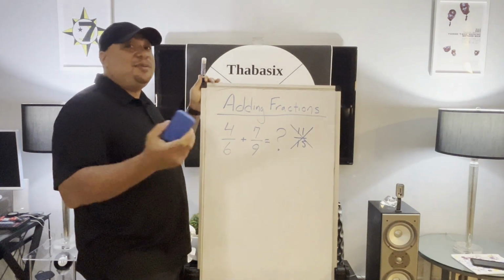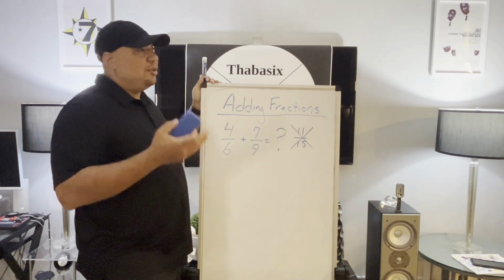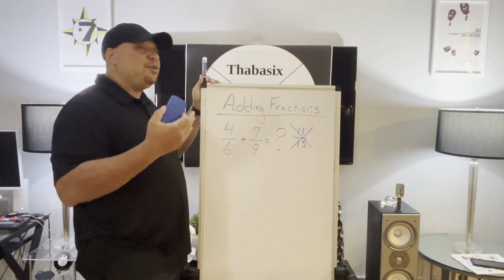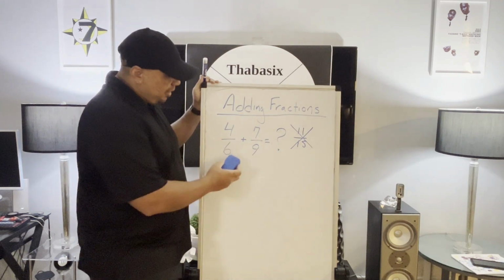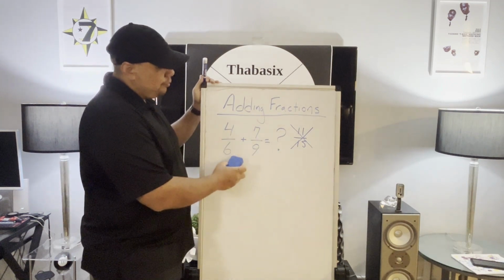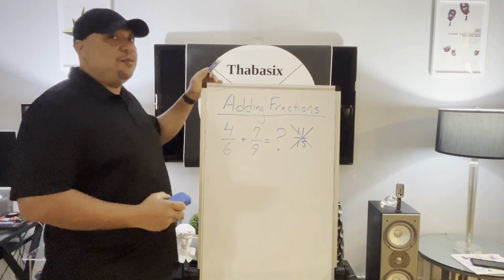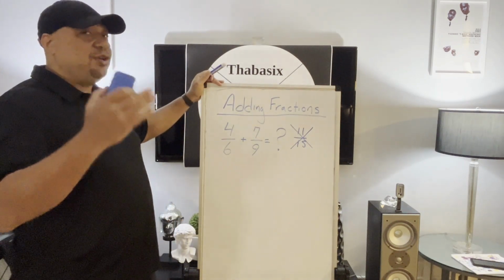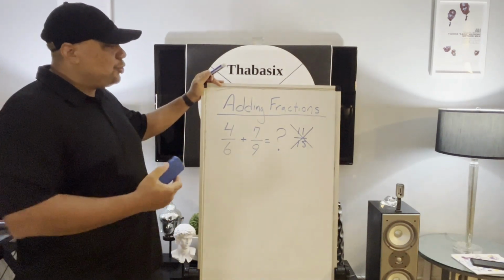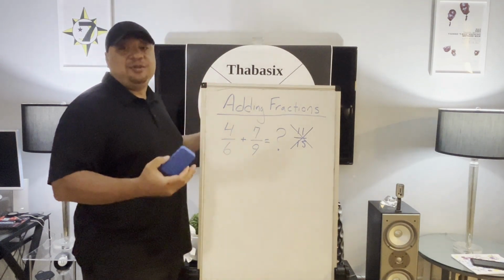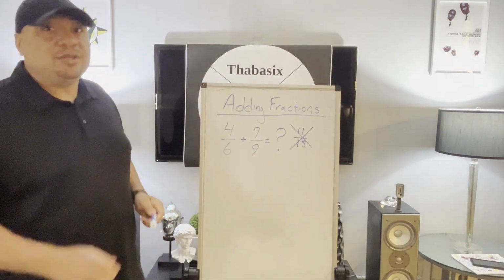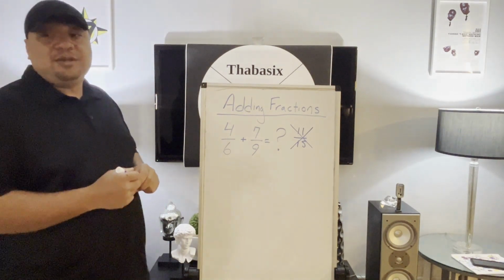Some people say the same denominator, but the term you hear most of the time is the common denominator. Okay, so we have to make sure these are equal. All right, how do we do that? We actually just convert the fraction to a different fraction, but it's the same value. So even though it's going to have different numbers, it's going to be the same value.